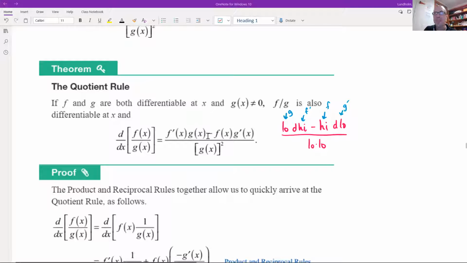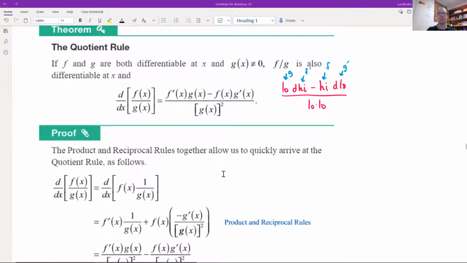It's almost like the product rule on top, except there's a minus sign. And it's important because there's a minus sign that you take the derivative of the numerator first and then the derivative of the denominator second. So if you don't want to use this, you can figure out your own way to memorize the way that the quotient rule works out.